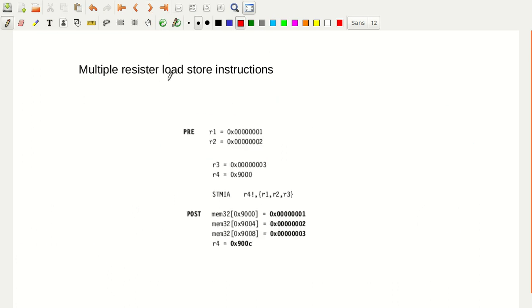In the case of multiple register load store instructions, there are only two instructions that you have: one is LDMIA and the other is STMIA. Load multiple increment after, and store multiple increment after.